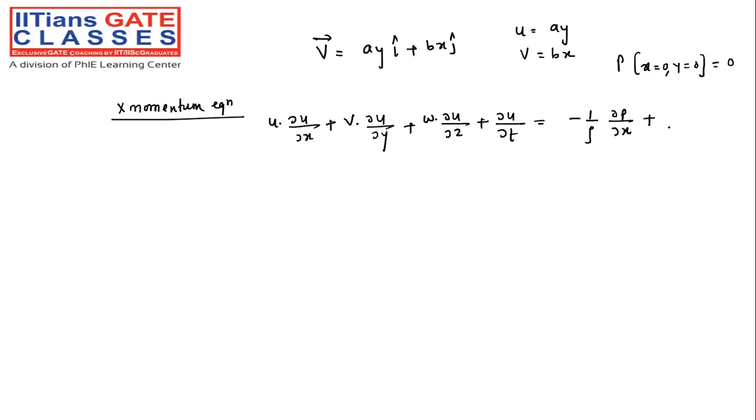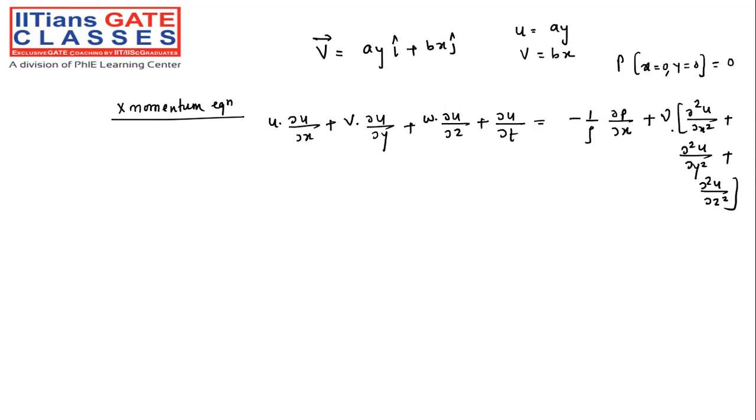We are going to have the viscous term as nu times dou square u by dou x square plus dou square u by dou y square plus dou square u by dou z square. These are the terms that we need to find from this particular x momentum equation.